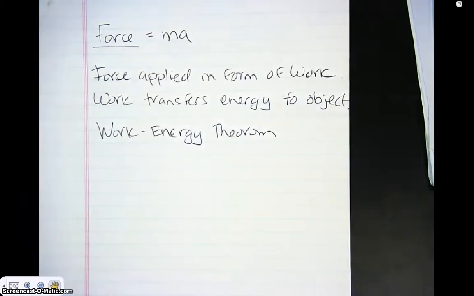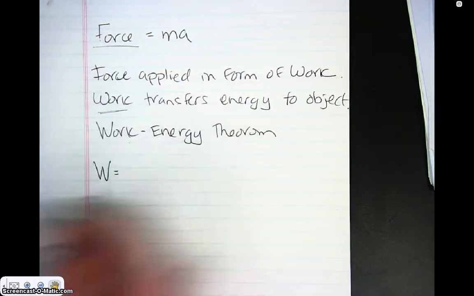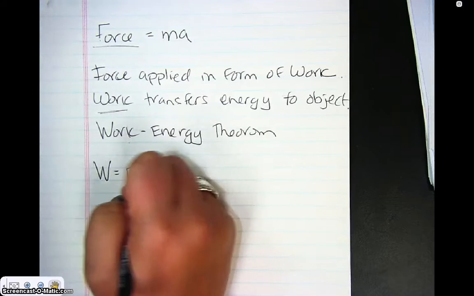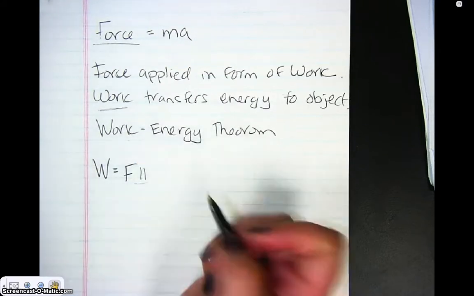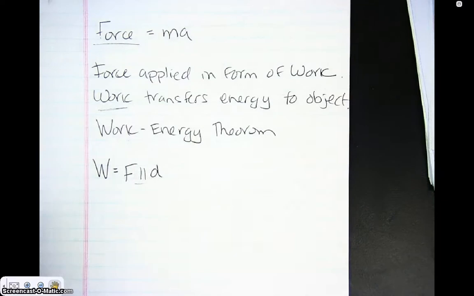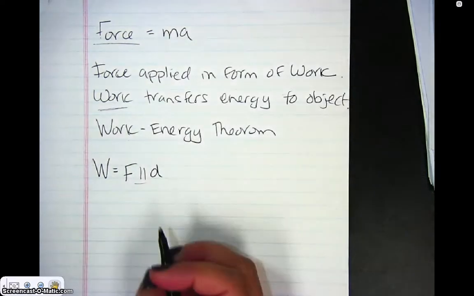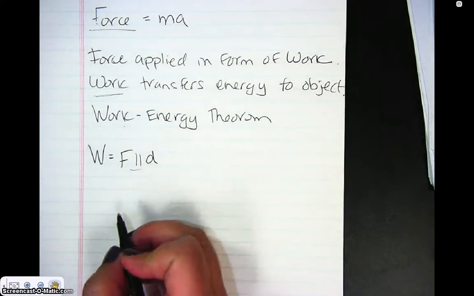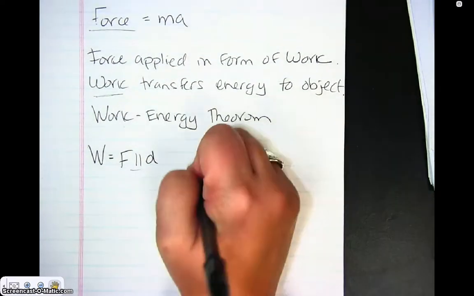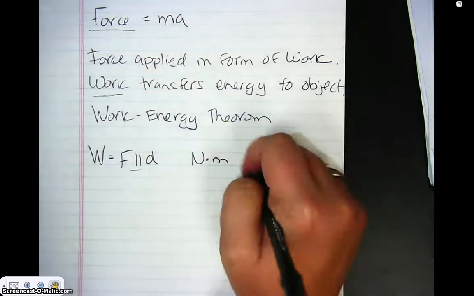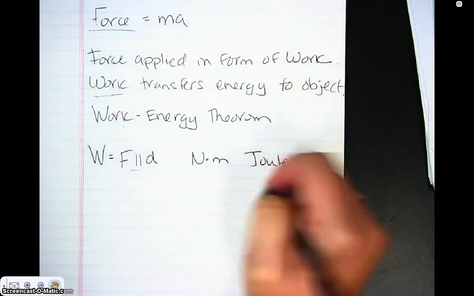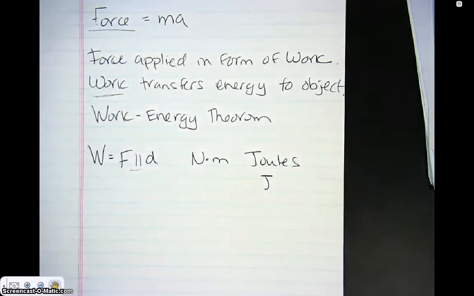So how do we actually calculate work? Work is equivalent to force, and it's force parallel, so we use a little sign like this, to the distance. The unit for this is newtons times meters, but it's also known as joules, or J for short.